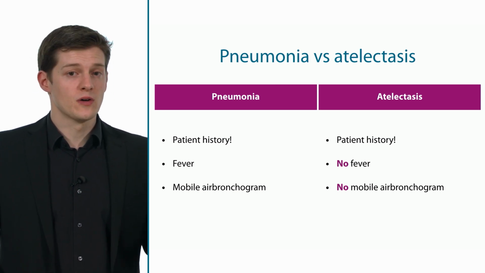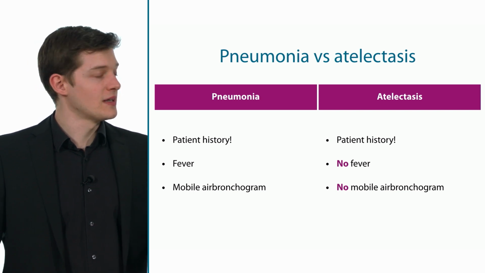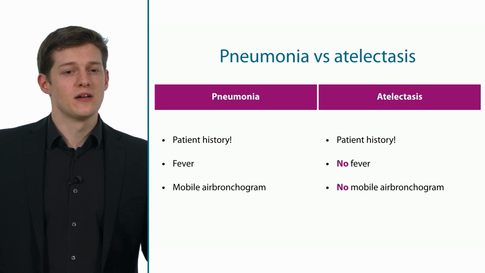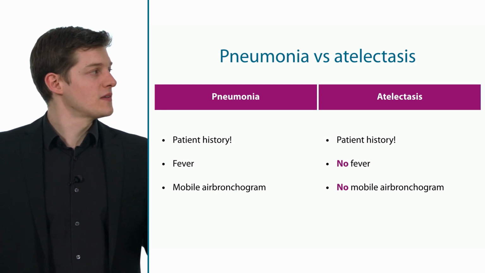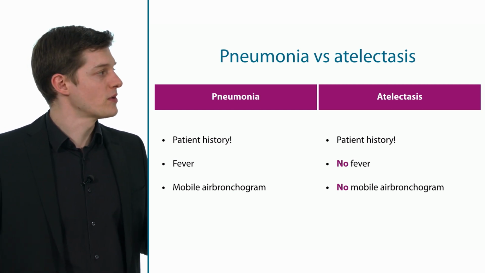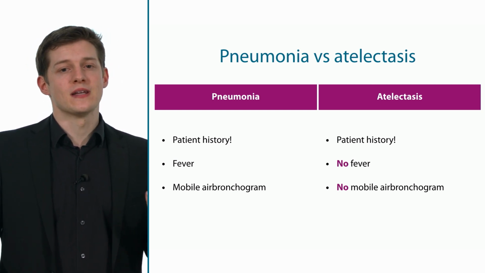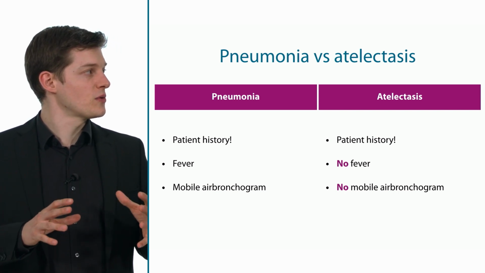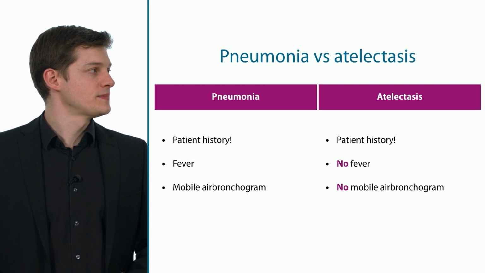In pneumonia, of course, we have high fever. In atelectasis, we don't see patients who have high fever. And very important to differentiate is the mobile air bronchogram. In pneumonias, you see the mobile air bronchogram quite frequently, whereas in atelectasis, you probably could see a static air bronchogram, but it's never mobile.